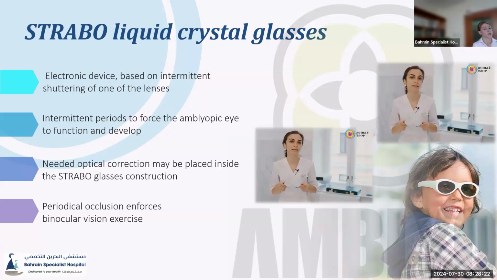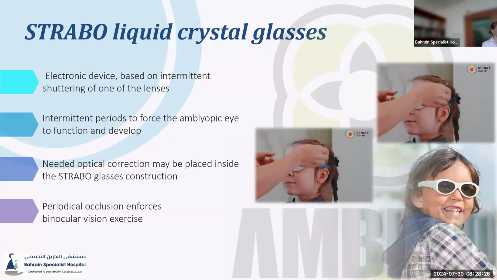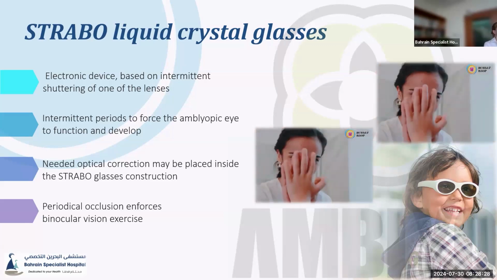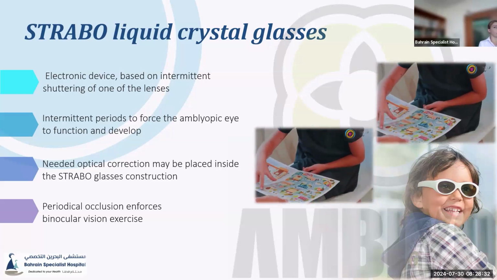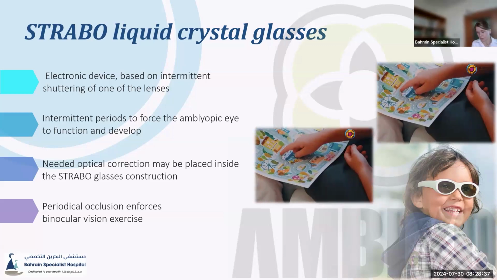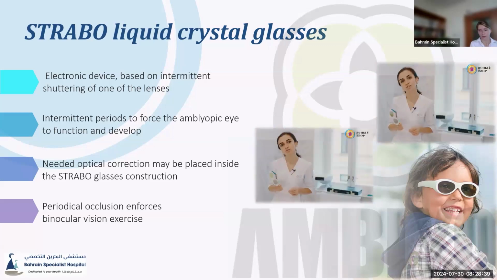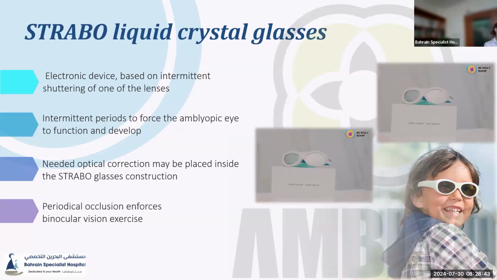And it's periodical, so it enforces binocular visual exercises. For example, when an eye is occluded the whole day, there will be problems with binocular vision.